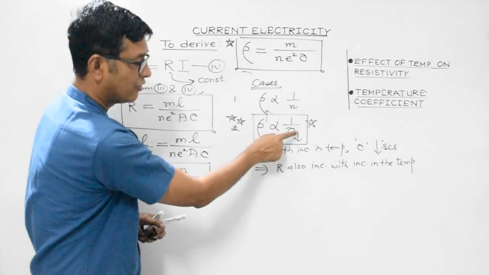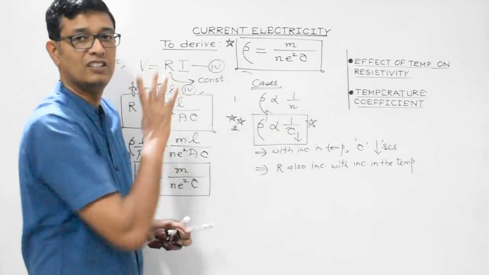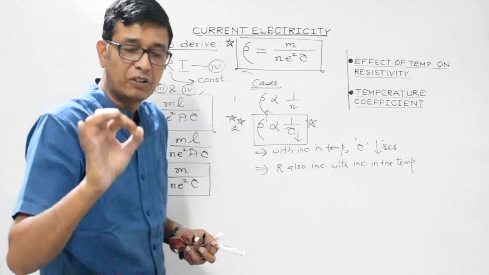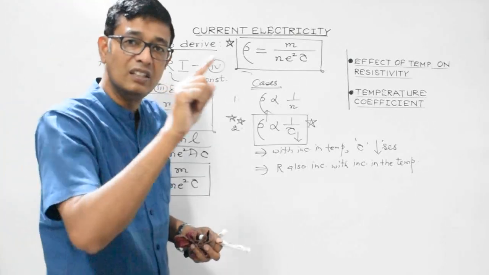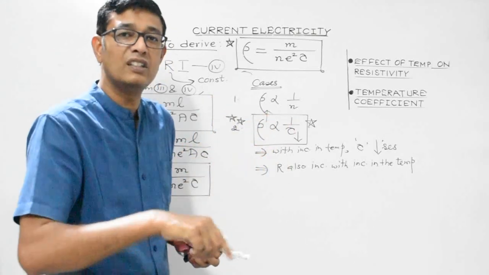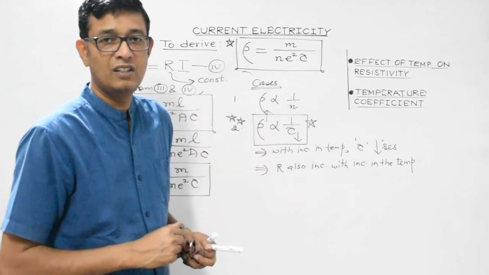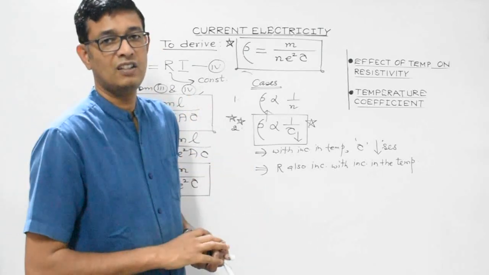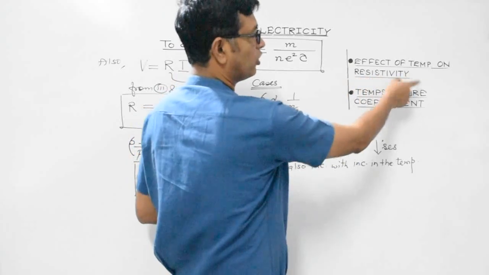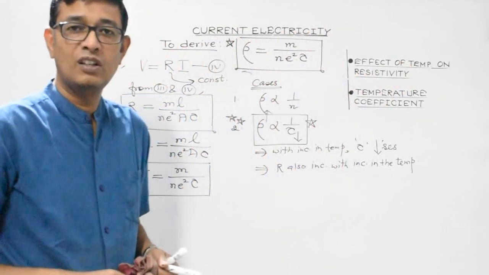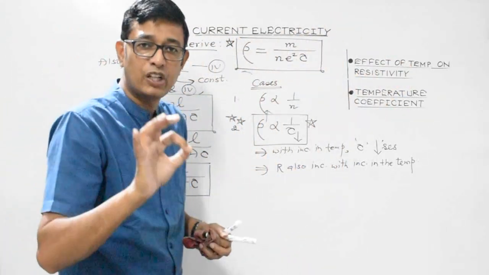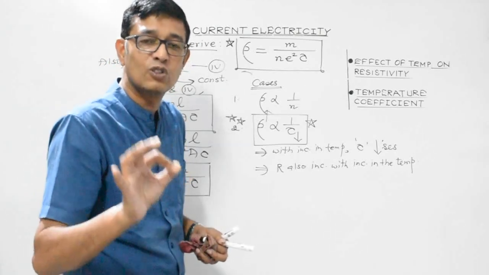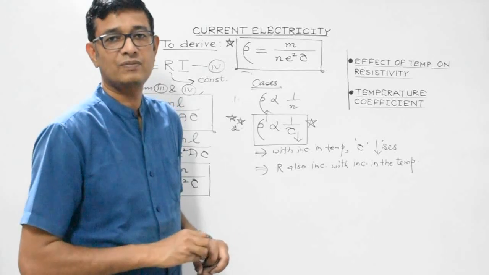With the decrease in the average relaxation time, the resistivity increases. So what's the ultimate conclusion? The resistivity of the material of a substance increases with the increase in the temperature. Now if resistivity increases, then resistance will also increase. So that is how resistivity or resistance depends on temperature. With the increase in the temperature, the resistance or resistivity of a conductor also increases.